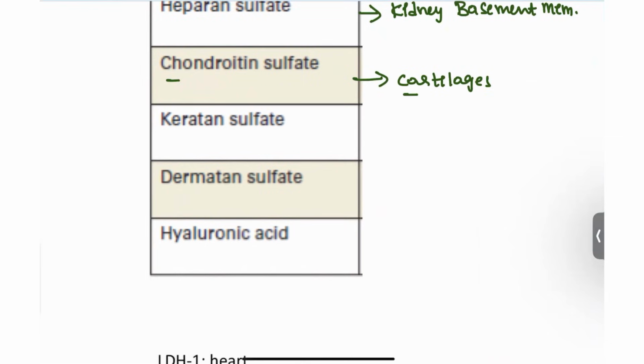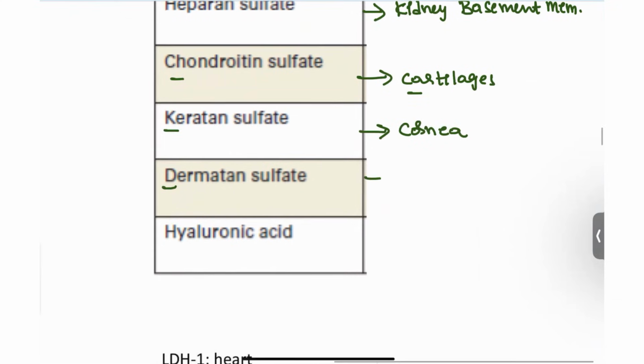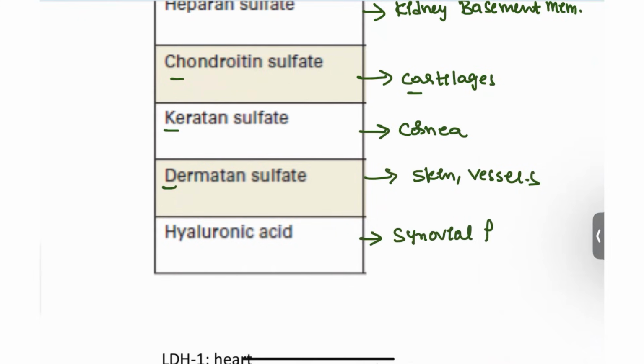Next, keratan sulfate. This is seen in the cornea. Dermatan sulfate is seen in the skin and vessels. It is commonly seen. Hyaluronic acid is seen in your synovial fluid and also the vitreous humor of the eye.